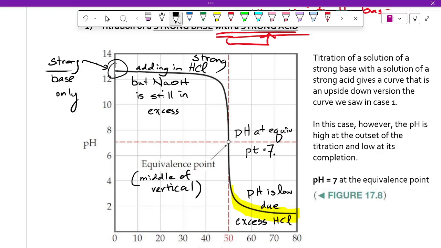What species do we have at the equivalence point? What chemical species do we have? What chemical species are present? Both acid and base?